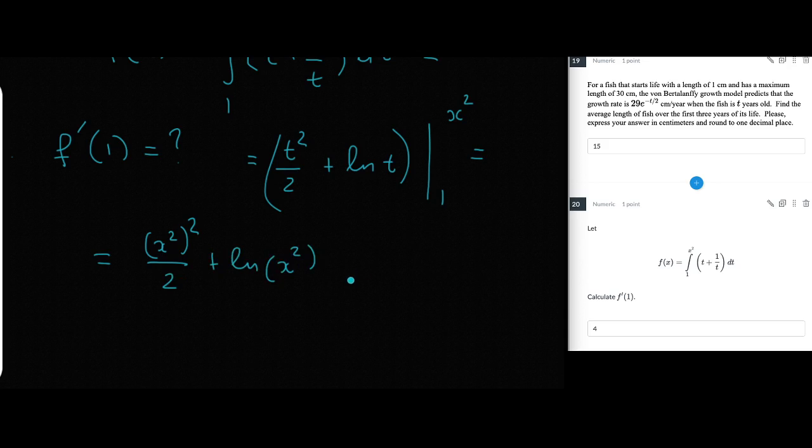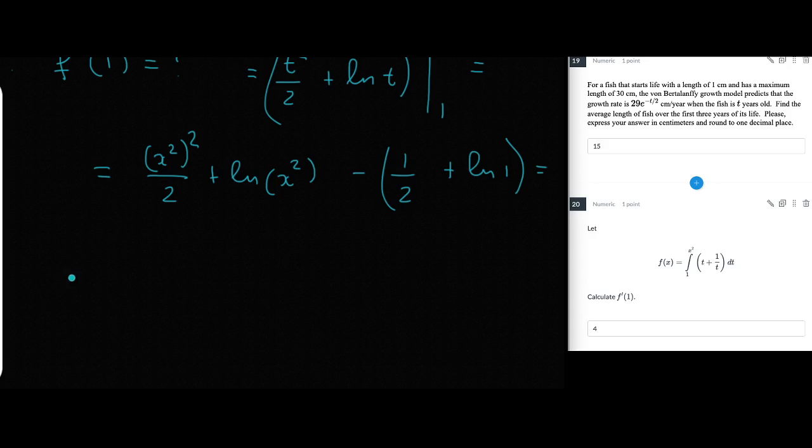This is the value of our antiderivative when we substitute x squared for t. And then we have to subtract the value at t equals 1, which is 1/2 plus logarithm of 1. Logarithm of 1 is 0, so that is going to go away. And so altogether we get x to the 4th over 4 plus logarithm of x squared. We can rewrite that as 2 natural log of x, and then minus 1/2.